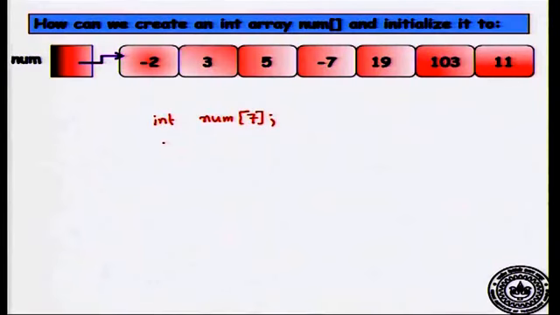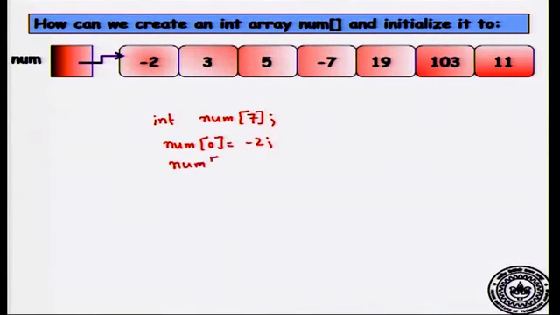Now, if C did not allow me to initialize arrays when I declared them, I could declare the array as int num[7], and then just write num[0] = -2, num[1] = 3, and so on until num[6] = 11.